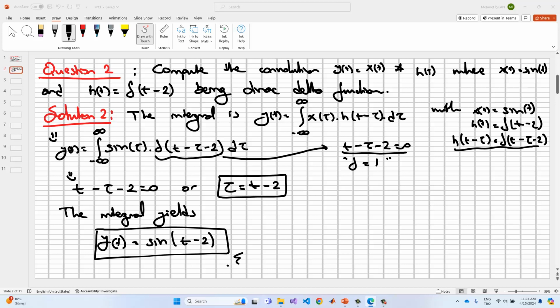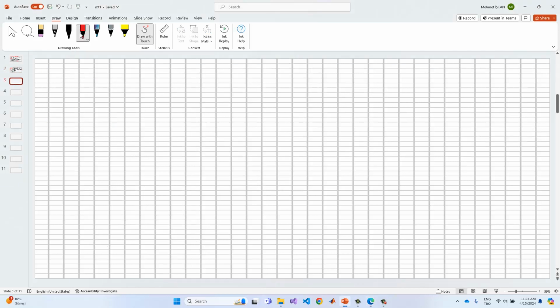In the third question we should solve a system dynamic equation. For example, take the RC circuit.